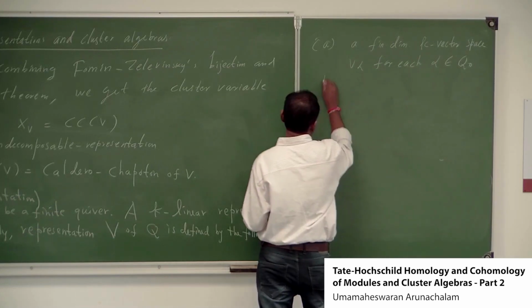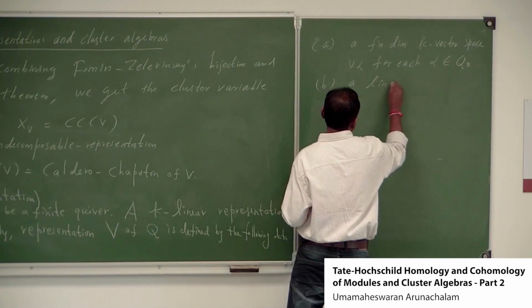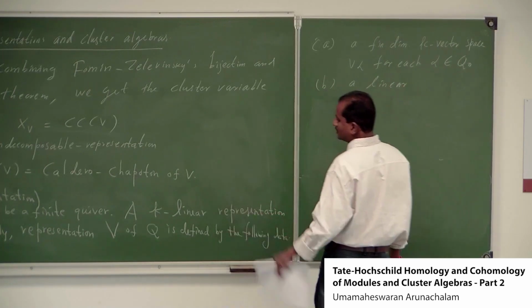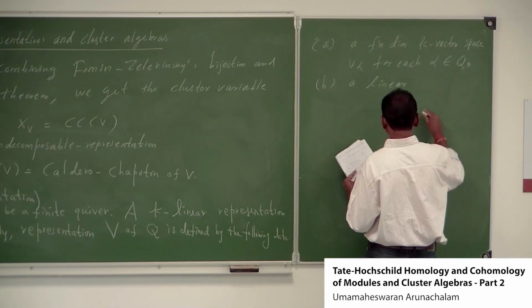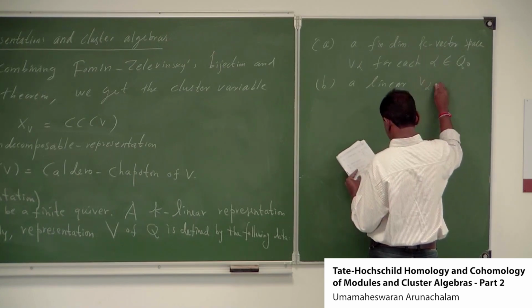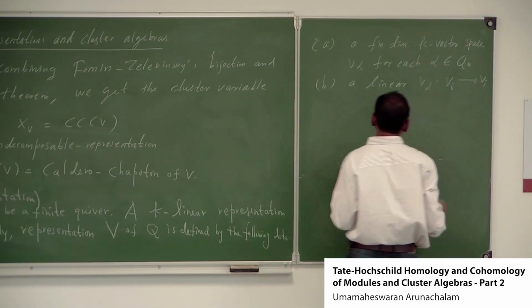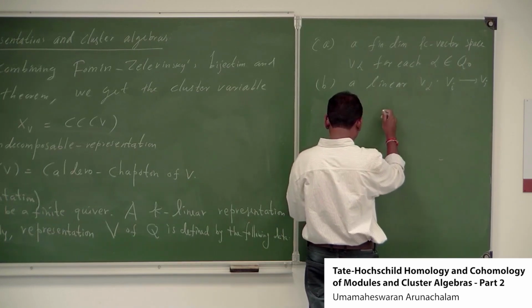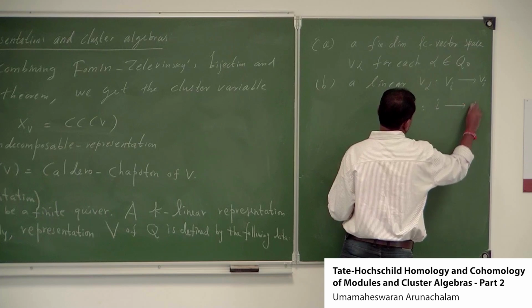And the second one: a linear map V alpha from Vi into Vj for every arrow alpha going from i to j.